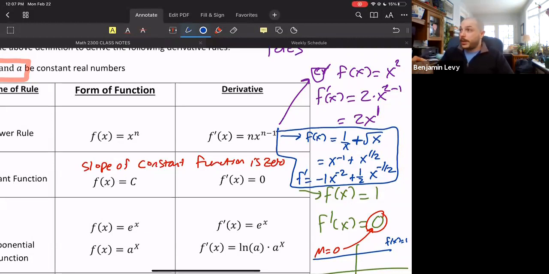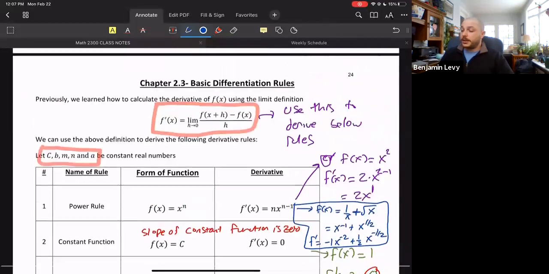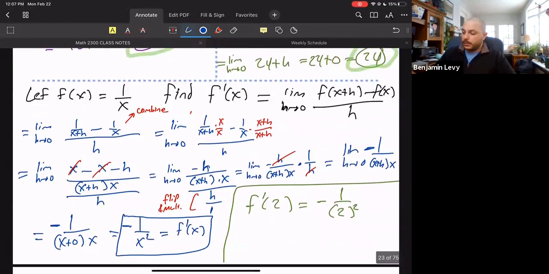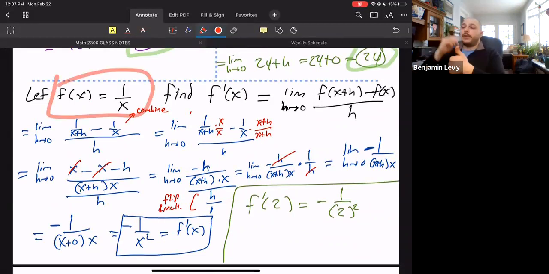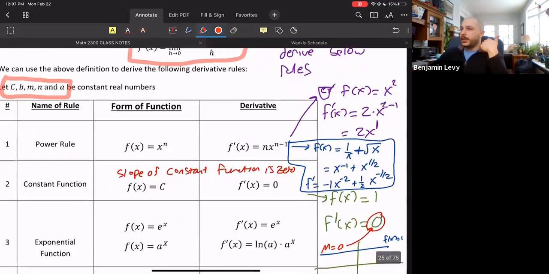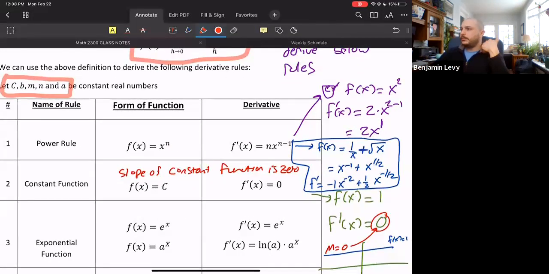There's more complicated ways to do them. We just did 1 over x the hard way earlier, with fractions and the limit. What I'm saying is, let's think about that as a power rule and make our lives easier. Do people see how that power rule went? I didn't do the details because I was running out of room, but I brought down the power, multiplied it, and then subtracted 1 off the power. Is that okay?